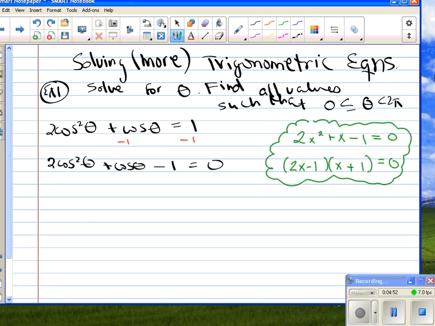So I can replace this expression with 2 cosine minus 1 and cosine plus 1. I use my thought bubble here to remind me how I can deal with the trigonometric stuff.